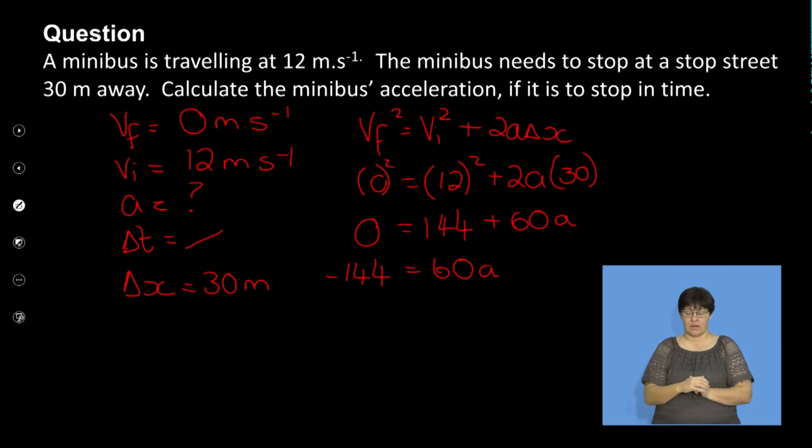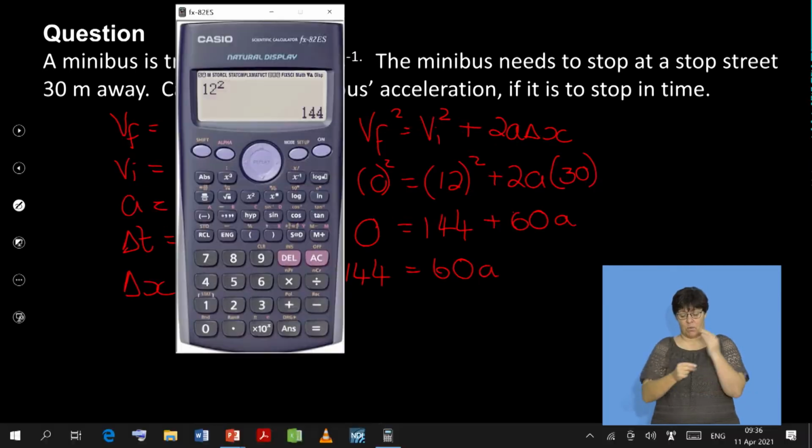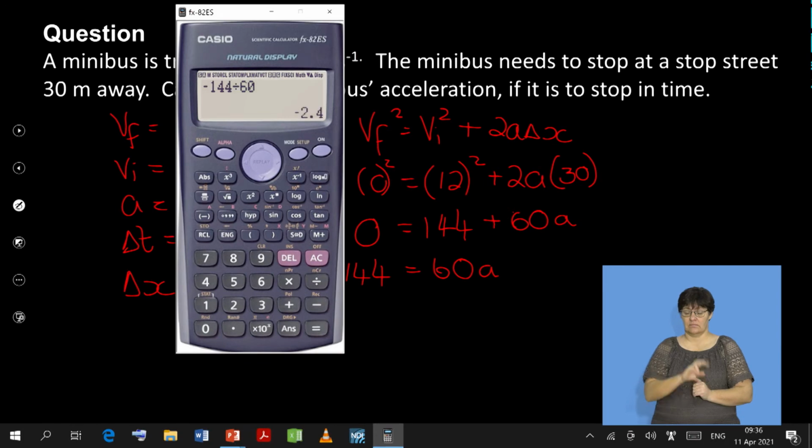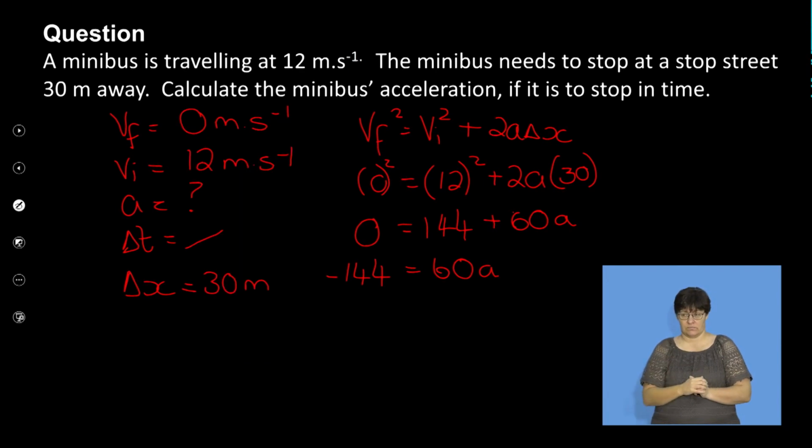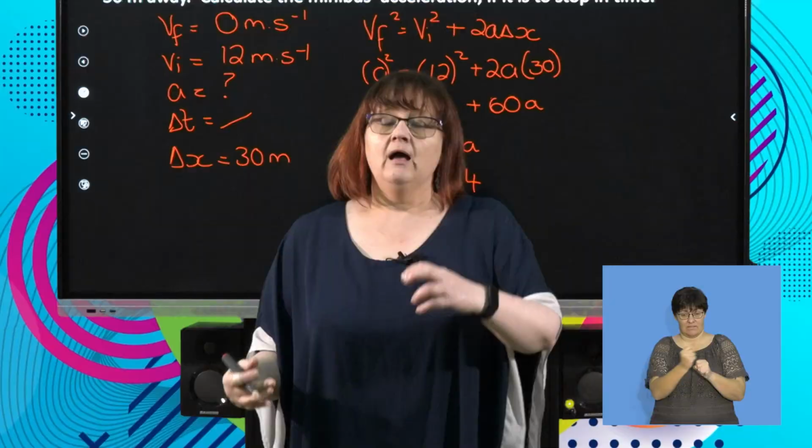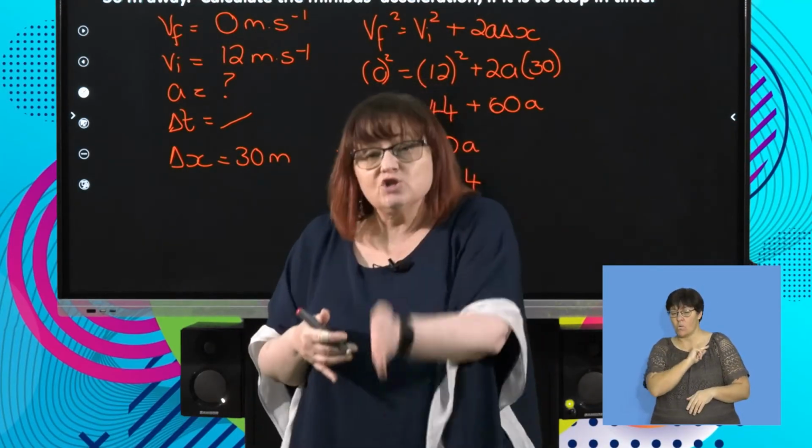Now I need to divide by 60 on both sides, but remember this is now minus 144 divided by 60, and I get minus 2,4. We never ever leave an answer as negative. I've got a negative acceleration because it was slowing down.